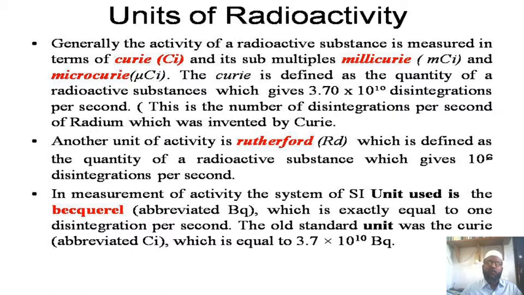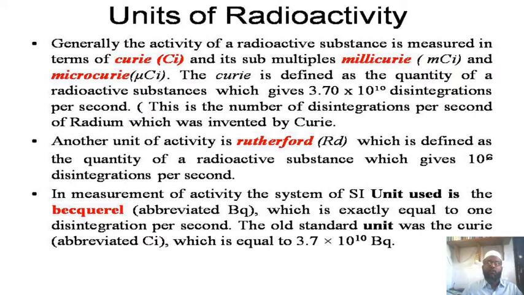Similarly, there is another unit called Rutherford, which is defined as the quantity of a radioactive substance which gives 10^6 disintegrations per second. And the important and basic unit of radioactivity, the SI unit, is the becquerel.